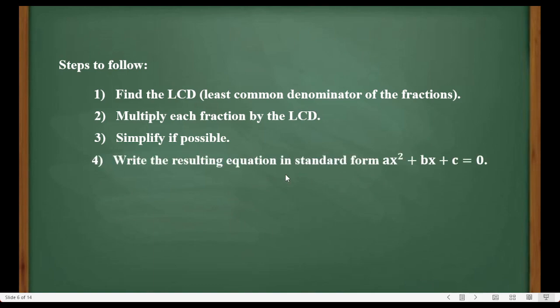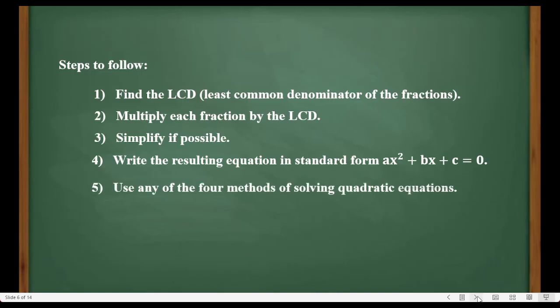Then write the resulting equation in standard form ax squared plus bx plus c equals 0. Fifth, use any of the four methods of solving quadratic equations. So just for a recall, I have discussed four methods of solving this type of equation, and these are what? Extracting the square root or square roots, factoring, completing the square, and quadratic formula.